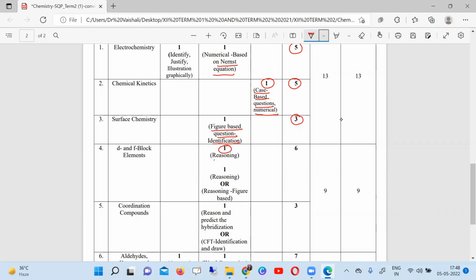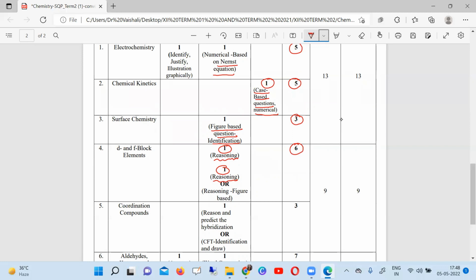One 3-marker is completely reasoning based, and the other is reasoning based too, with an internal choice which is also reasoning based but figure based. So the 2 questions are 3 plus 3, meaning the total weightage is 6 marks.